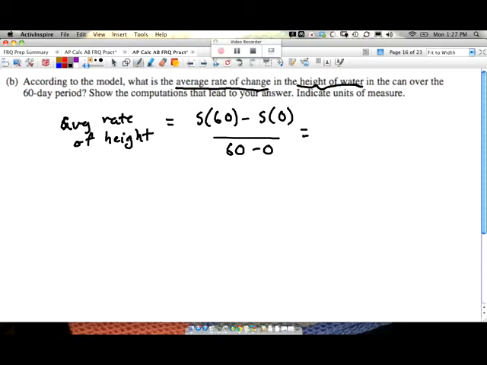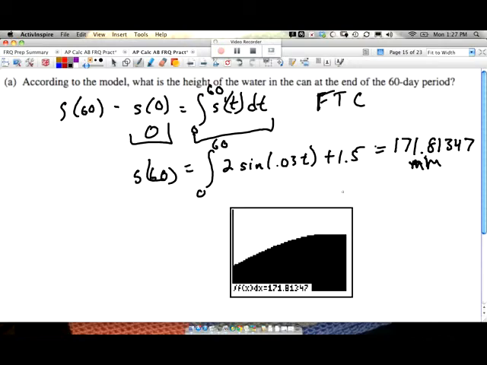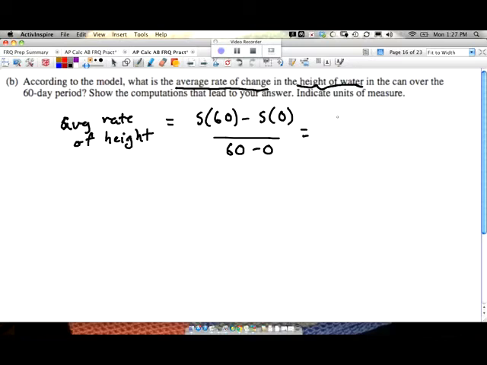We already figured this out, so this is our answer from part A. So let's say that we labeled this S of 60, which equals the amount of water. Let's call it W. Equals W over 60. Done.